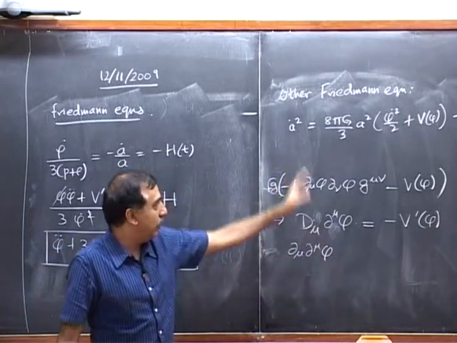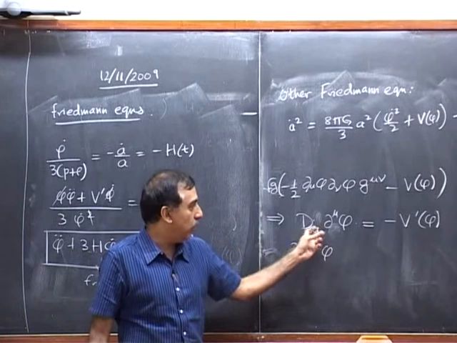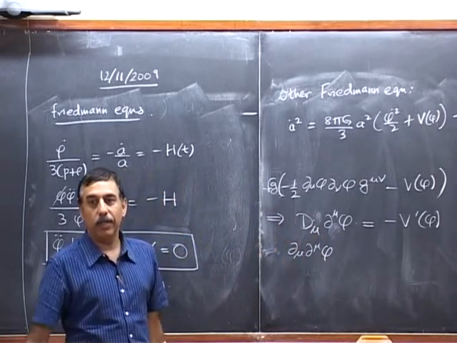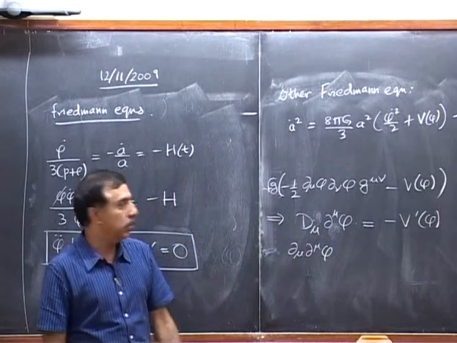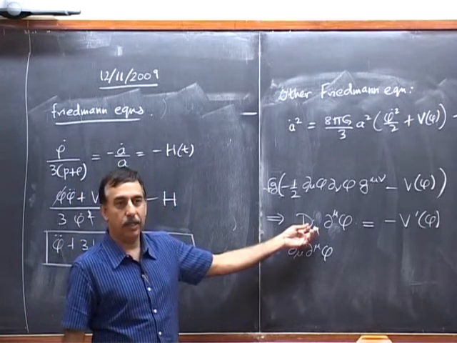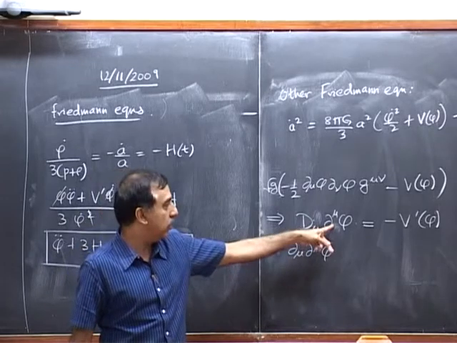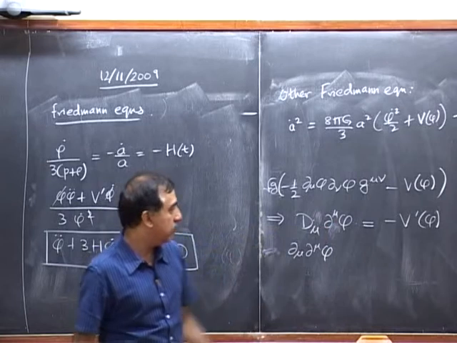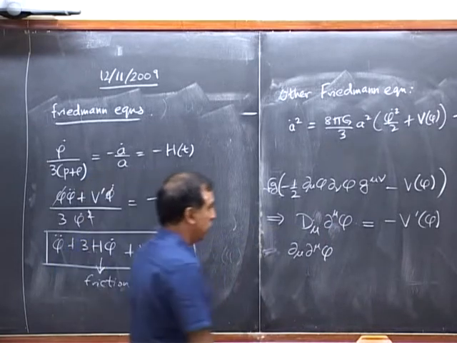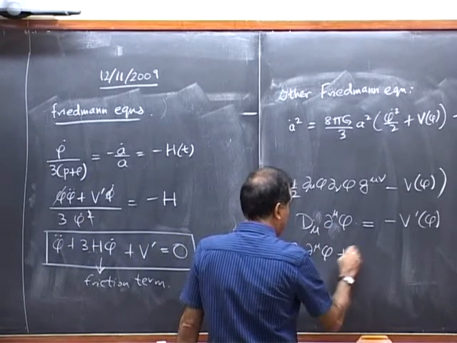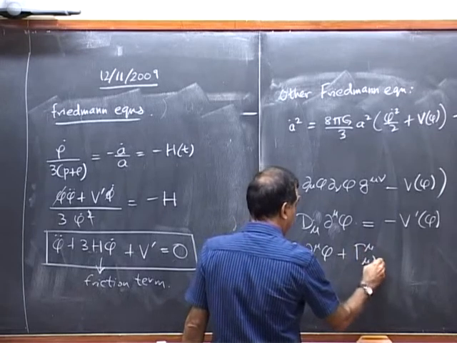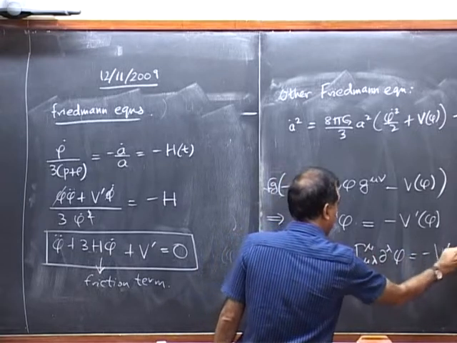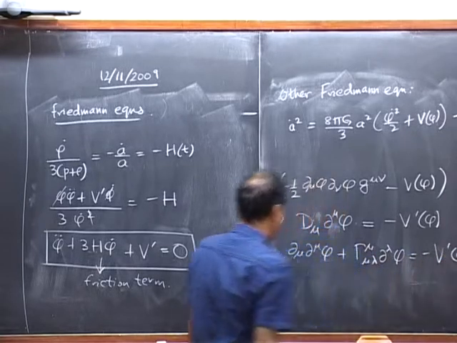So of course, without looking at details, we can be sure that the metric will do the job of converting the ordinary Klein-Gordon equation to the generally covariant Klein-Gordon equation. So it just means you replace small d by capital D here. This one is okay because it was acting on a scalar field. The next one, acting on a vector field, needs the affine connection term. So it's this plus gamma mu lambda del lambda phi equals minus V prime of phi.